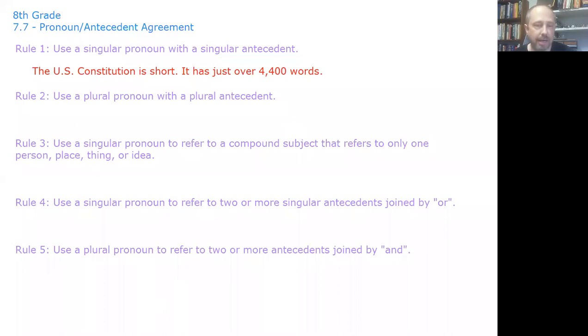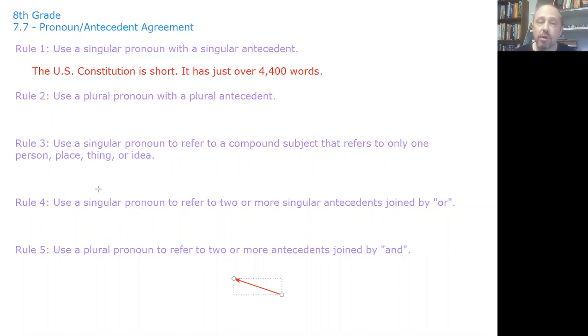In these two sentences, the pronoun is it, refers to U.S. Constitution. U.S. Constitution is singular. It's not male or female. Therefore, it is the appropriate pronoun. Also notice subject kind of matches there a little bit too.